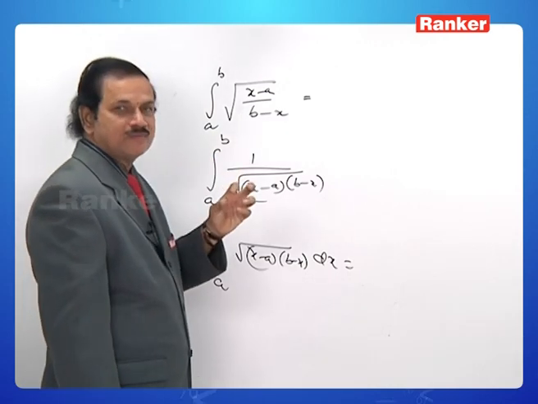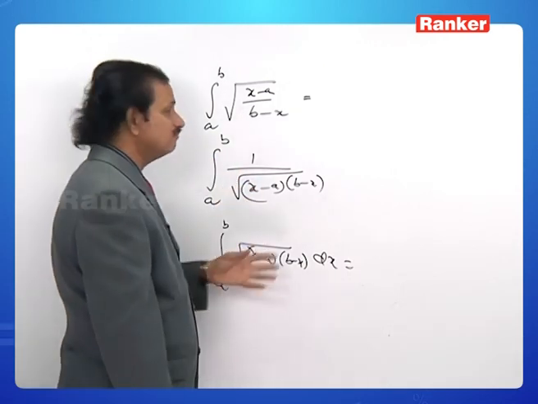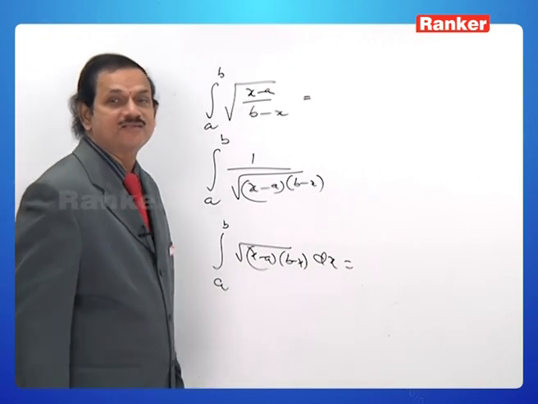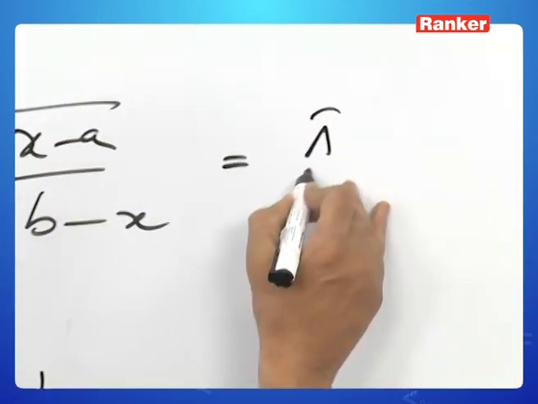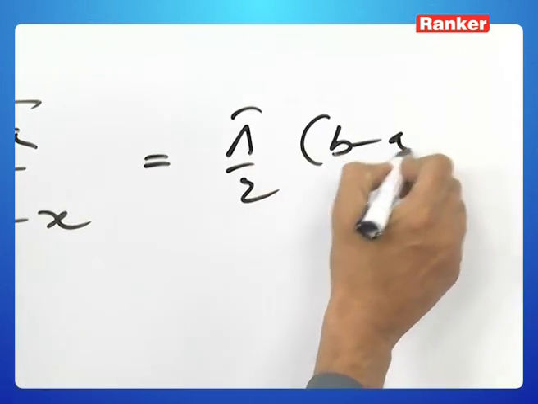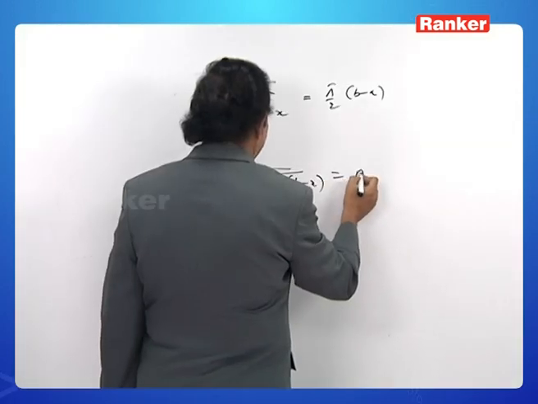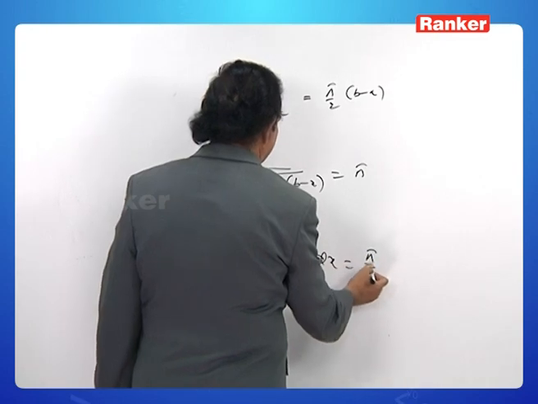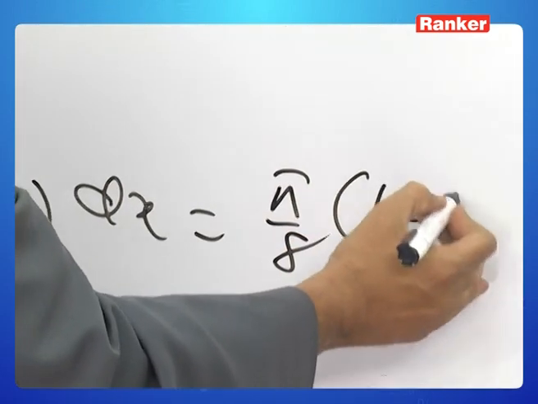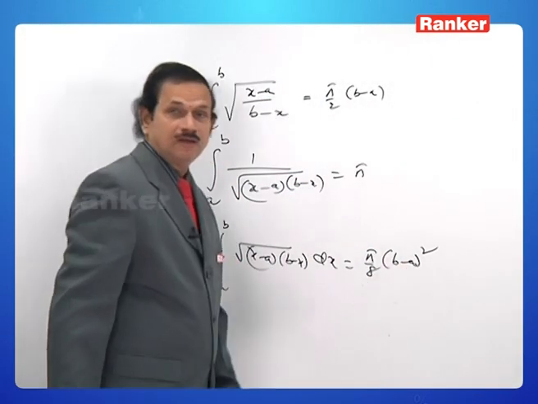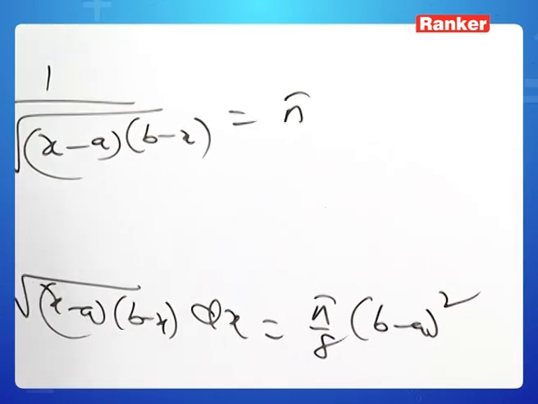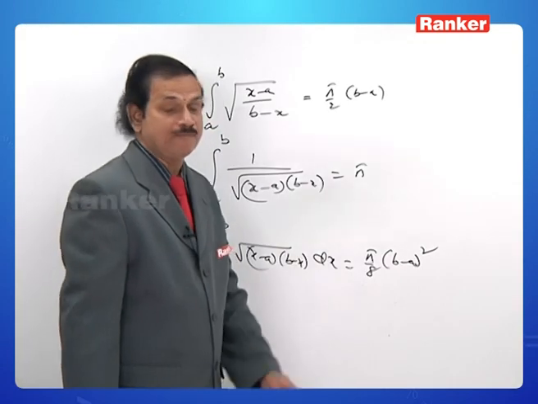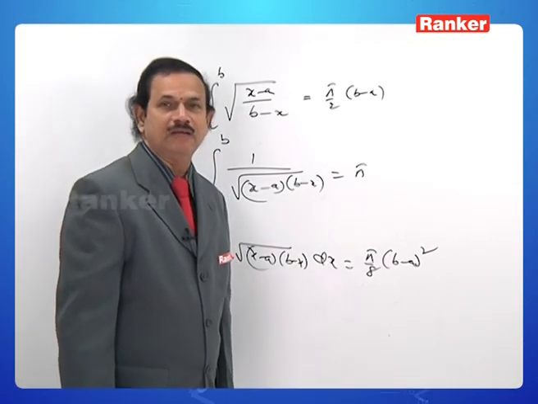You would have gathered the positive quantities as expressions here. And it is quite necessary to use the answers here. This one is pi by 2 into b minus a. This is pi. This is pi by 8 into b minus a whole square. Three important answers which look alike. You may have to be very careful about them.